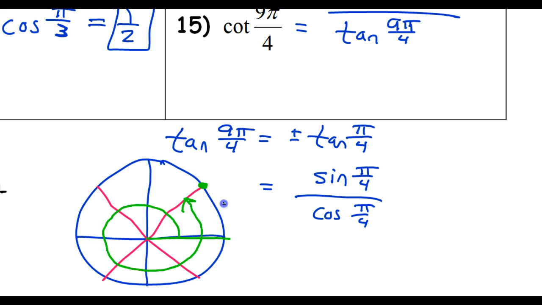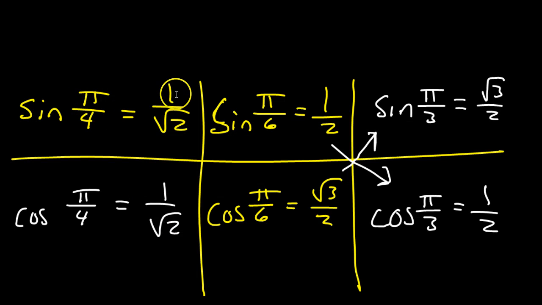That's in the first quadrant where sine and cosine are both positive. So that means I don't need any negative signs here. That means the tangent is going to become positive as well. Positive divided by positive. So I can just go with this. Now, I have memorized both of these, sine of pi over 4 and cosine of pi over 4. Those are both 1 over radical 2.